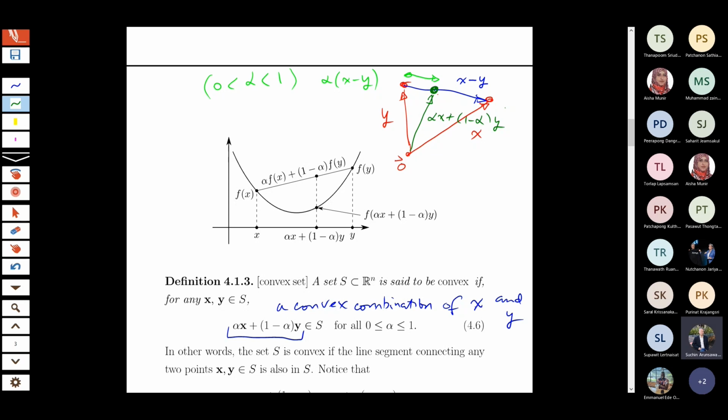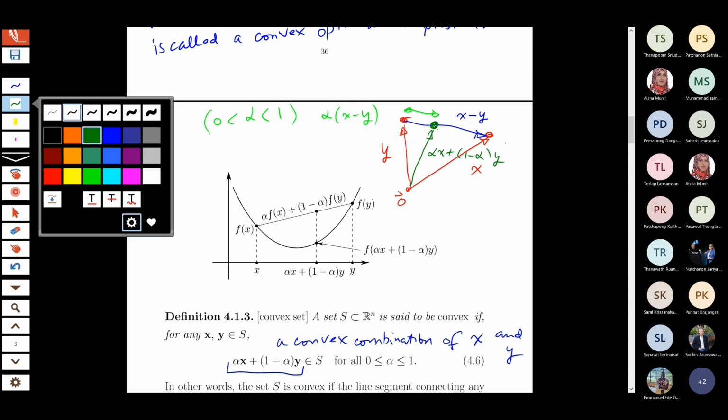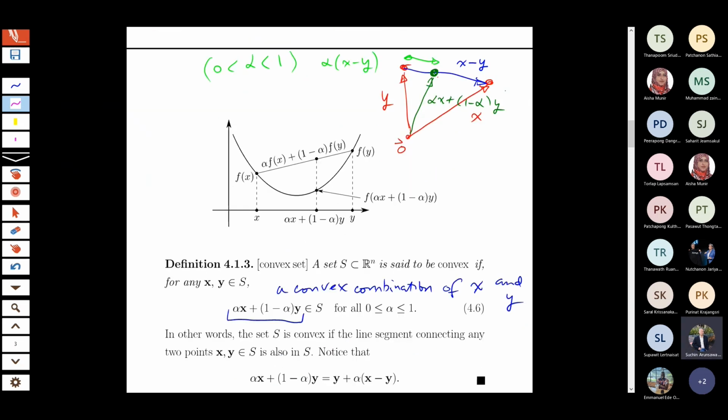From this, it's clear that we have some examples. A square is a convex set on the plane xy, in R2. An ellipse is also a convex set.